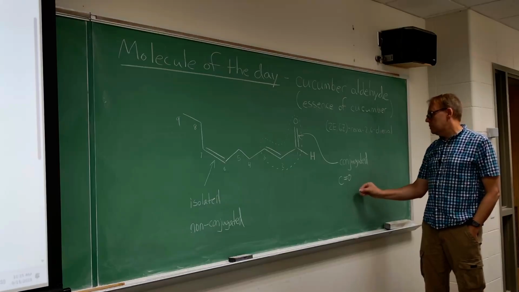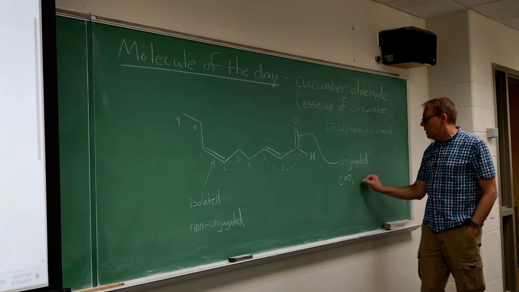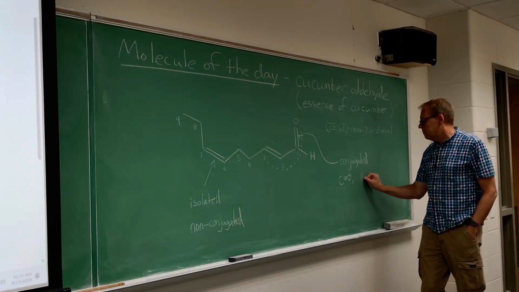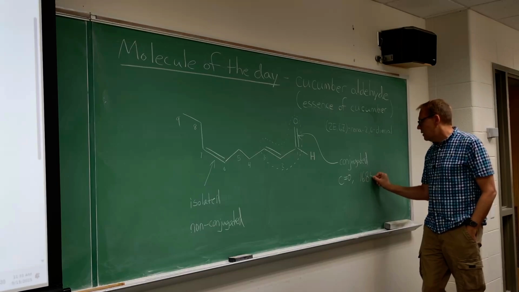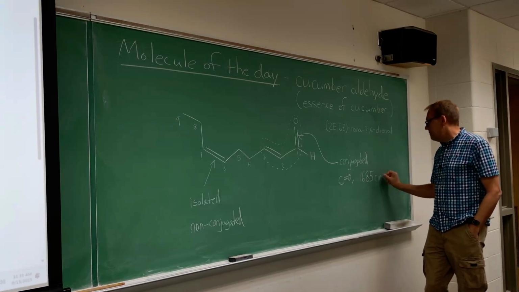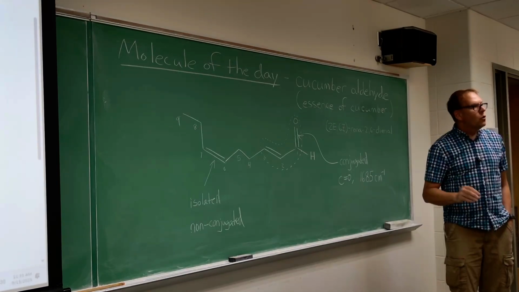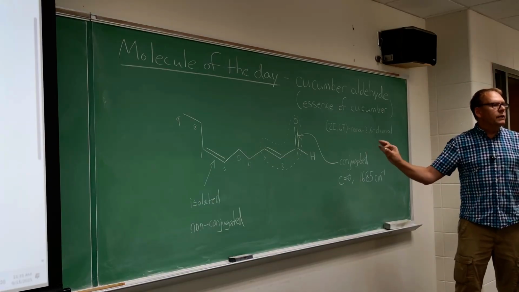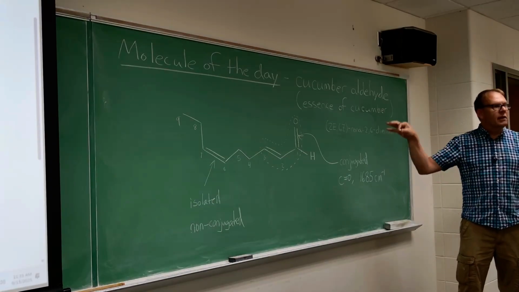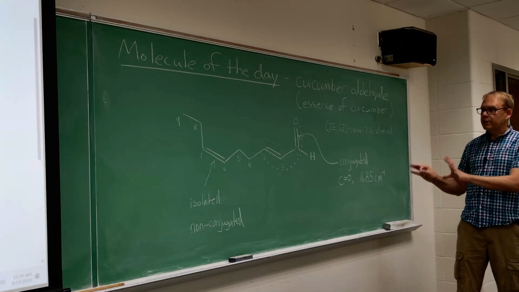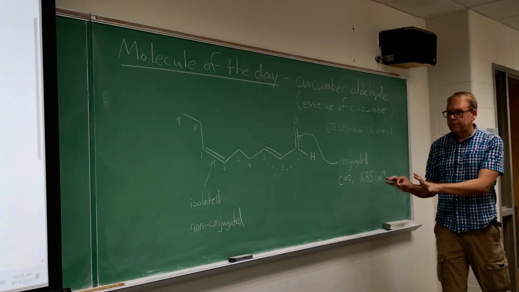So this conjugated C double bond O is much lower in frequency. It has a stretching absorbance in the IR spectrum at about 1685 inverse centimeters. So normally you'd expect to see an aldehyde carbonyl, if it wasn't conjugated, more like 1710. So just another example of this kind of phenomenon.